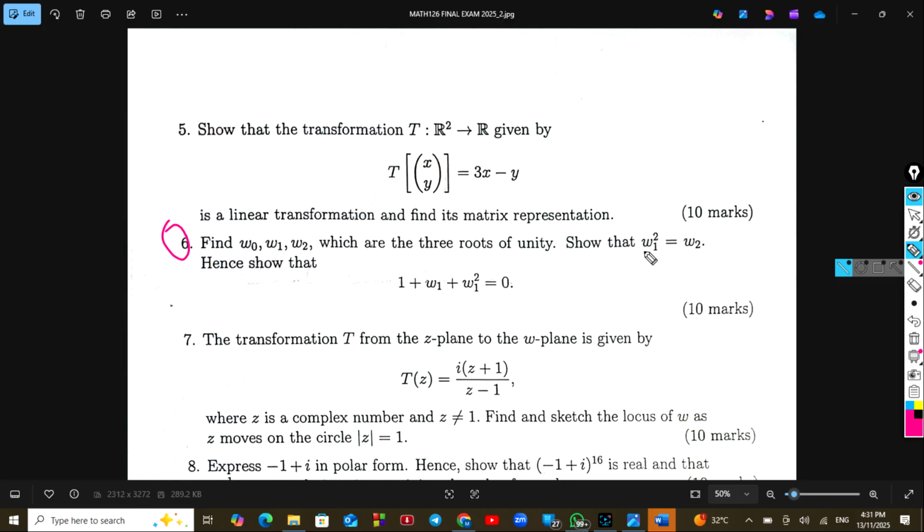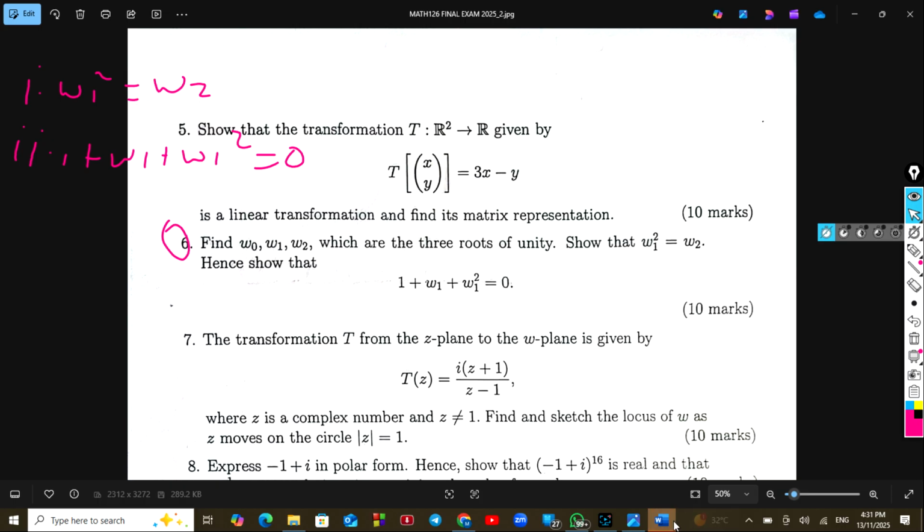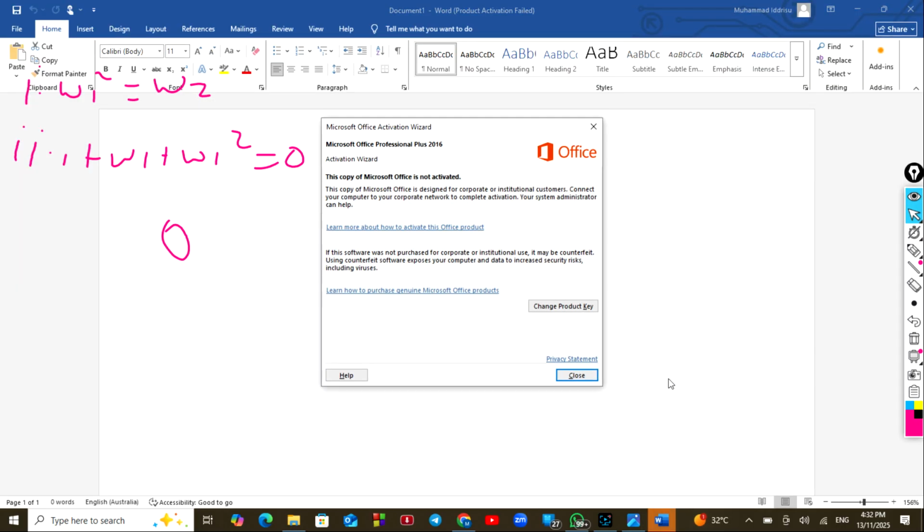We are going to show that W1 squared is equal to W2, and we are going to show that 1 plus W1 plus W1 squared is equal to 0. So these are the tasks we've been given. Let's see how we'll do it.